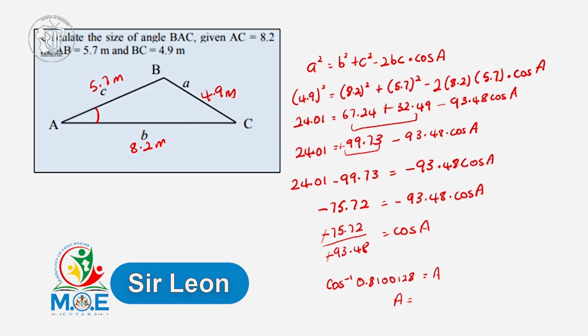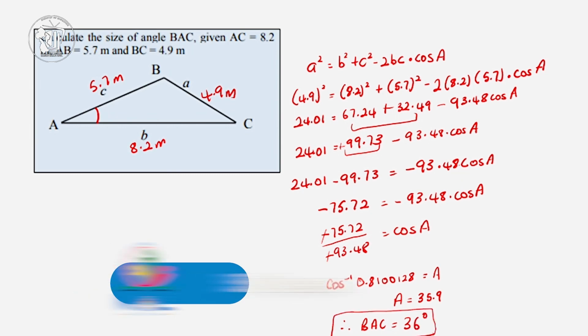We will have an angle of 35.9. So let's round it off to the nearest degree. So we can say therefore BAC is equal to 36 degrees.